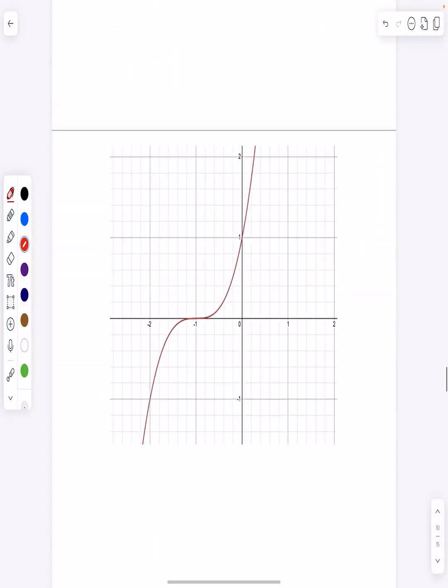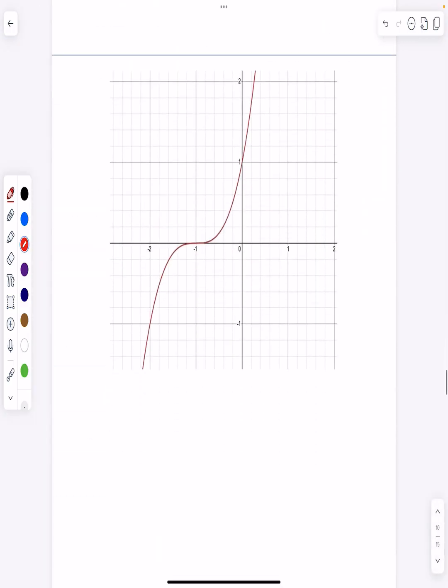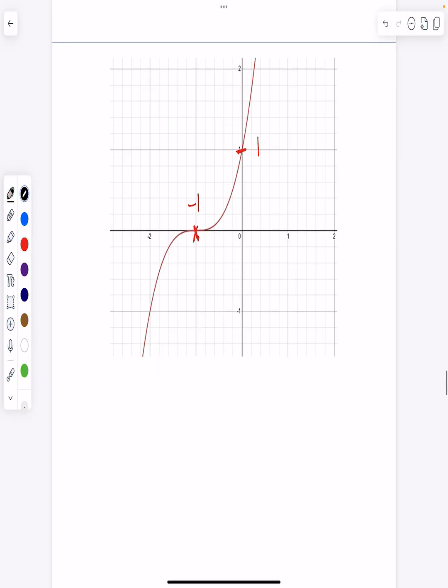And then in this case, I'm crossing the x-axis at one point, and that's at -1. My y-intercept is at 1. Recall that when I move in the left direction, inside my parentheses I am adding, because if I were to solve that, then my x value would be -1.